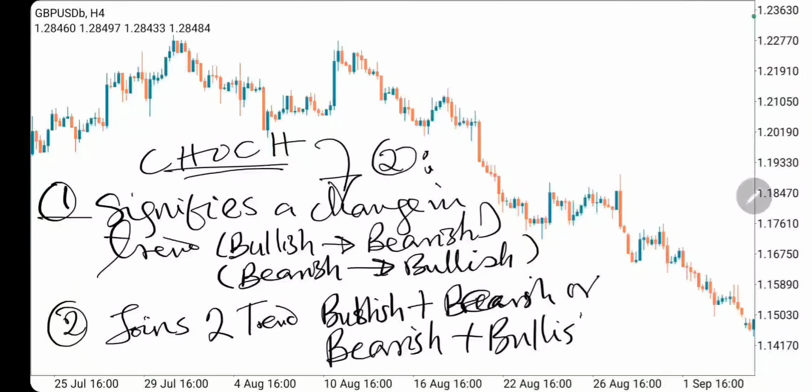You're going to see that. This is another way of saying number one, because when there is a change from one to another, it is like joining both. But I'm going to show you clearly how this occurs. So let me show you how this works.